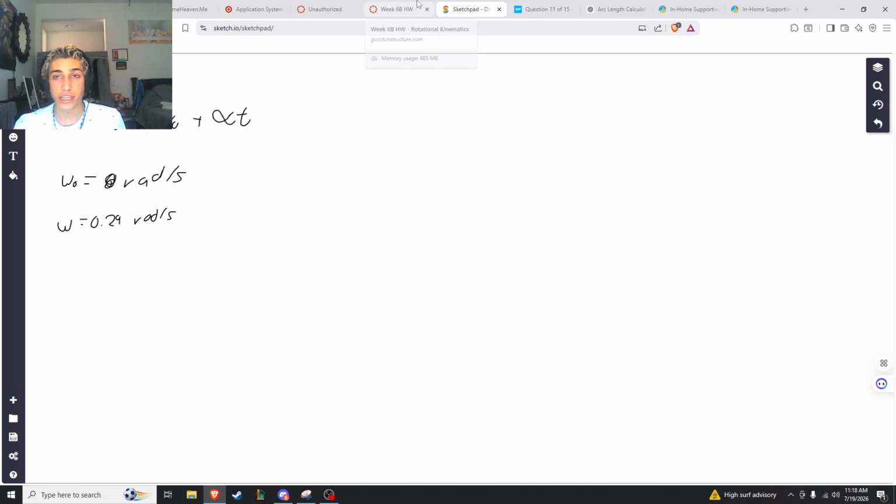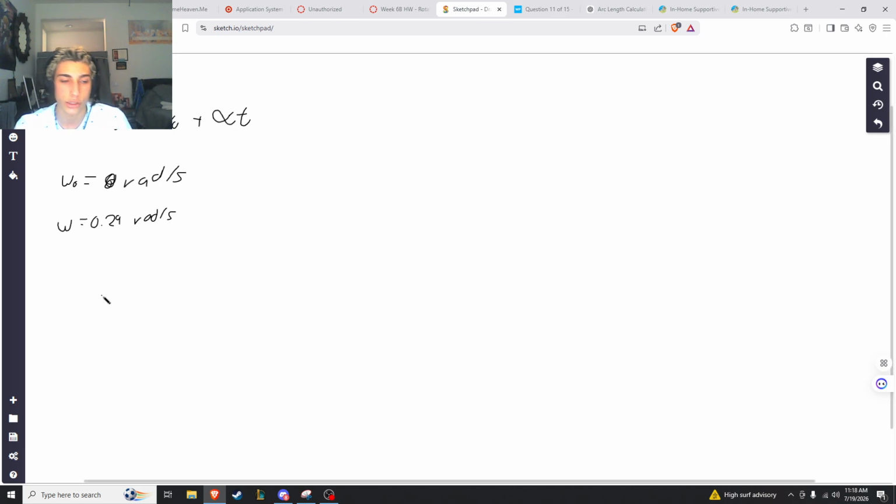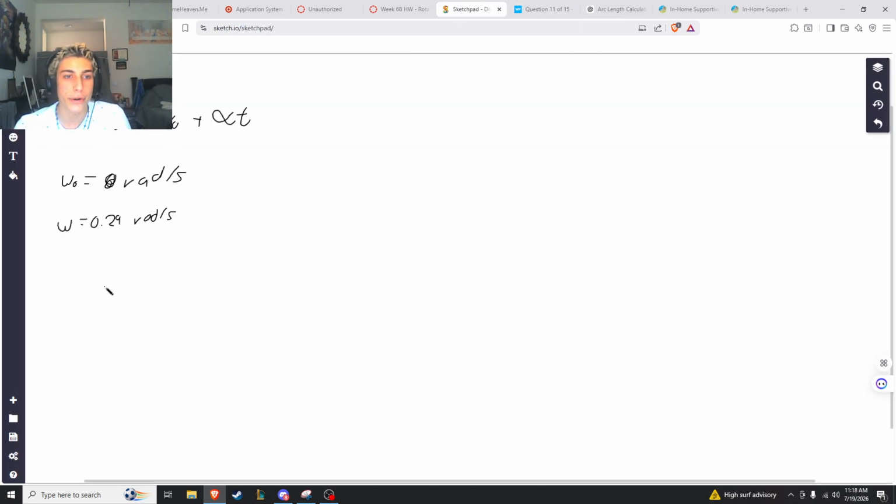And the angular acceleration is going to be 0.035 rads per second squared. This is the same situation as velocity and acceleration, where it's rads per second and rads per second squared.